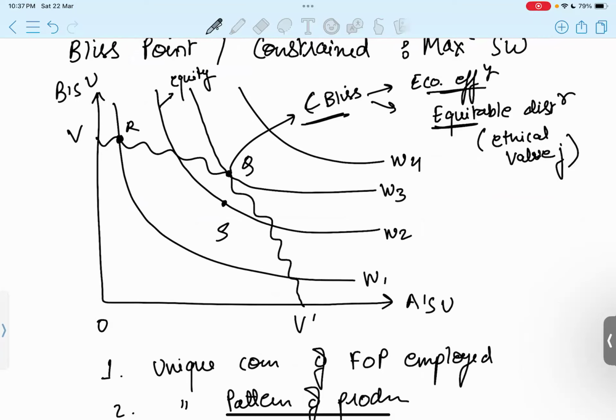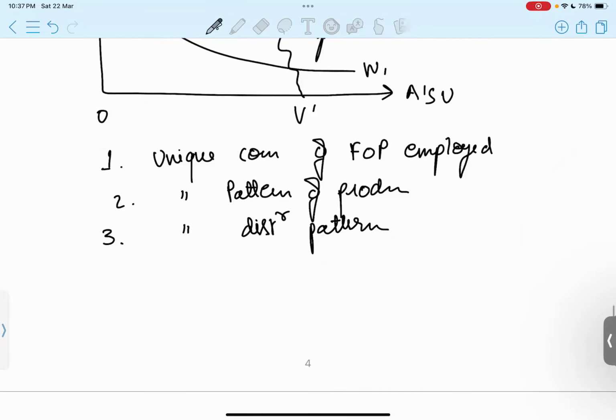And if we look at point S, it is representing inefficiency, because firstly, it is not on this VV dash curve and it is inside the curve. So that is another symbolic thing which is being represented. And the higher the IC curve, you can see each higher curve yields higher social welfare.